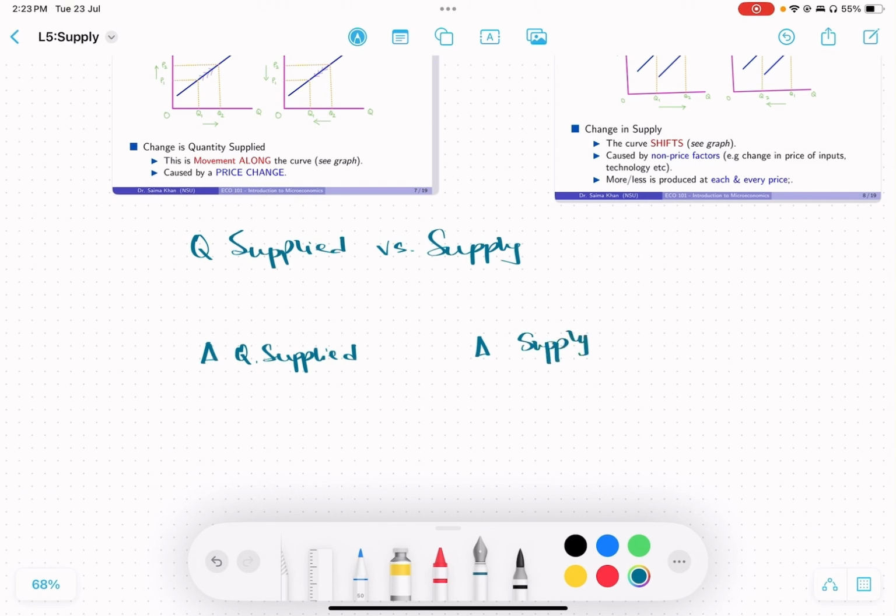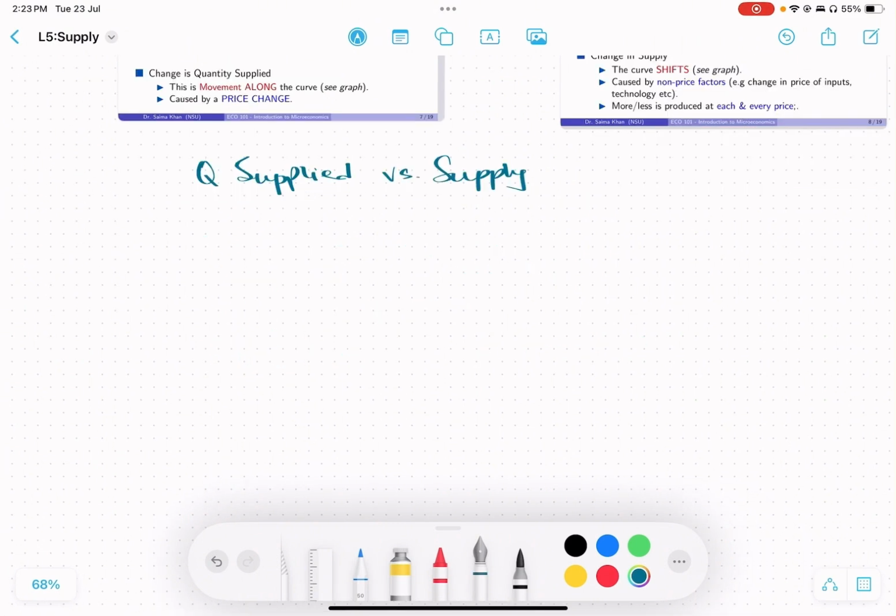If you remember what we did when we were studying demand, it is the same concept here.